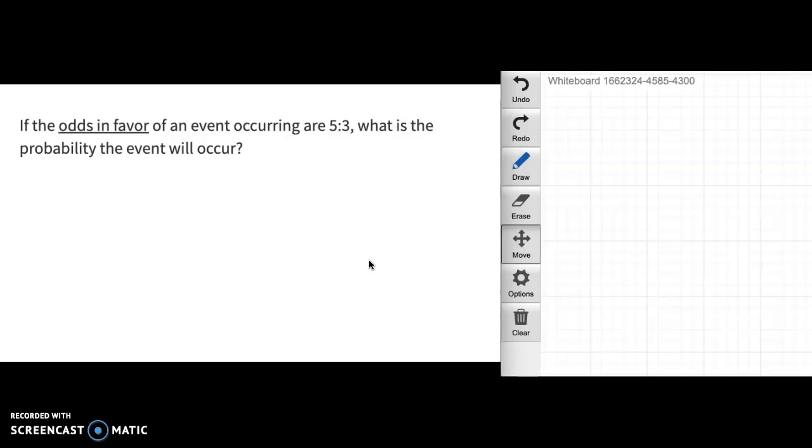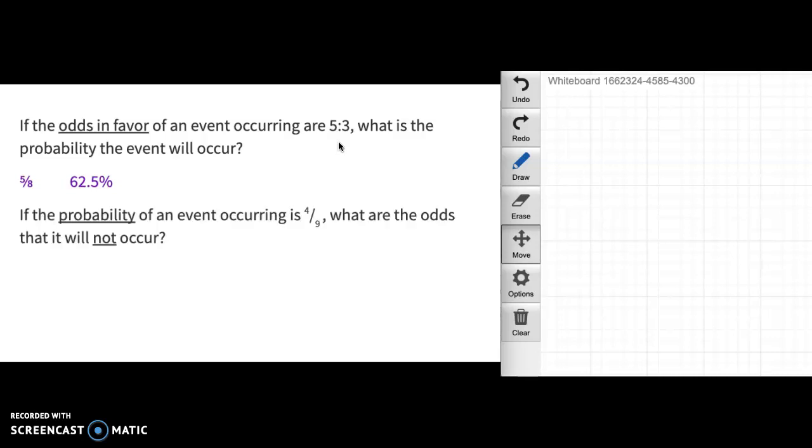Okay, so odds in favor tells me that 5 is the number of favorable outcomes, and 3 is the number of unfavorable outcomes, which would make a total of 8 possible outcomes. So the probability would be favorable, that's 5, out of total, that's 8. So the probability of this event occurring is 5 out of 8, which is 62.5%.